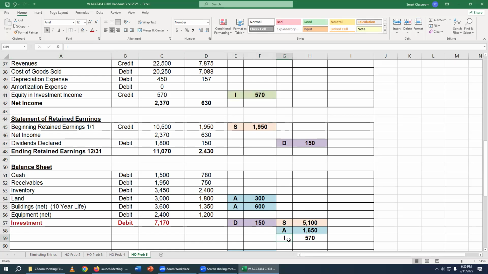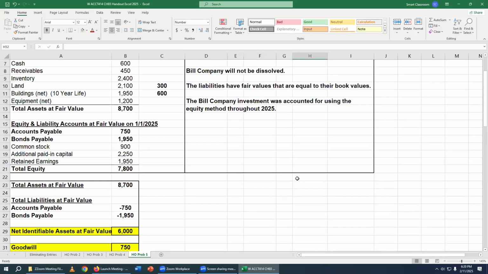Green. And then the last one, which is the expense one that does not hit the investment. Oops.